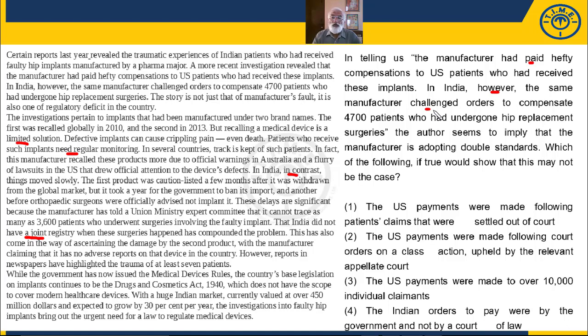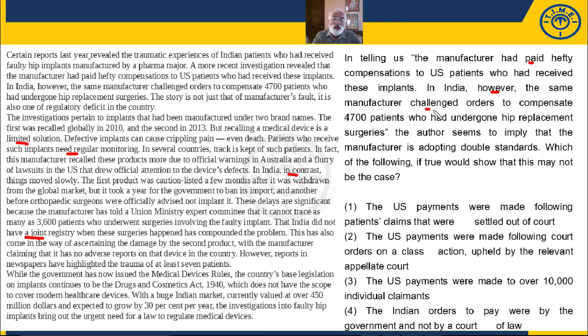The US payments were made following court orders on a class action upheld by the relevant appellate court, which means that people went to court, their claim was challenged, then there was an appeal and the claim was challenged there also, and then there was an order asking them to pay, which means the US payments were made after a challenge.